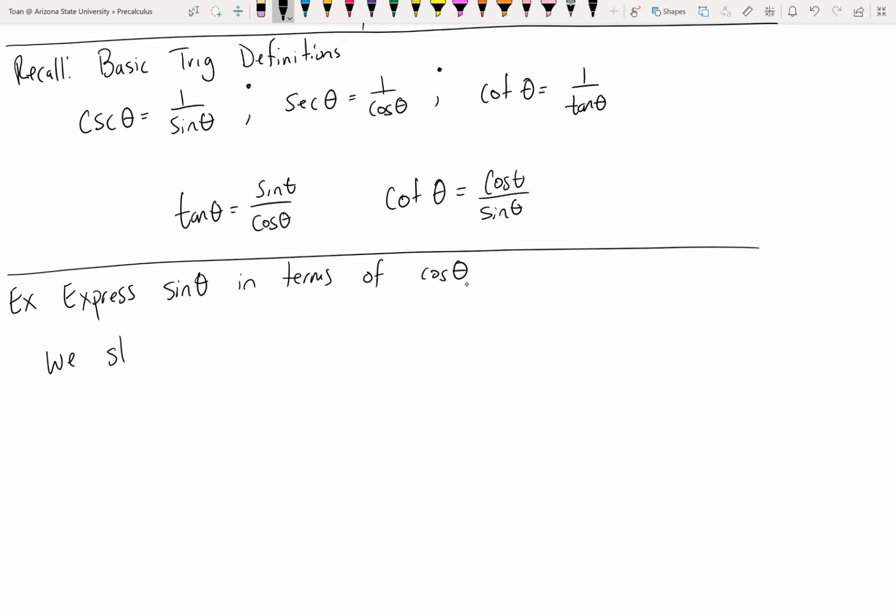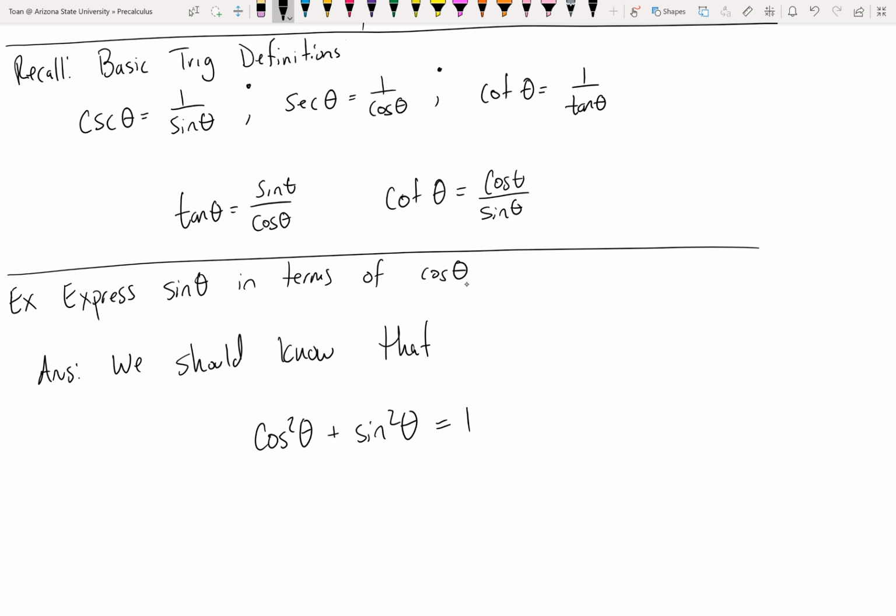We should know that cosine squared theta plus sine squared theta equals 1.